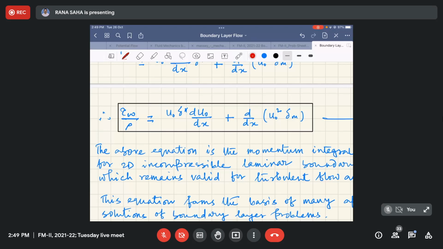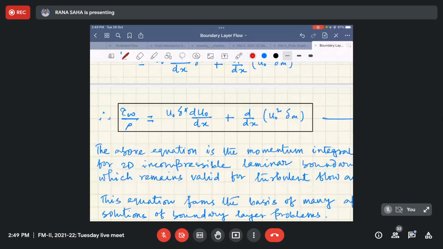U naught is the velocity outside the boundary layer. Okay. So typically, to maintain consistency, in potential flow also, we have the designation of uniform flow as U naught, right? So that is the free stream velocity.